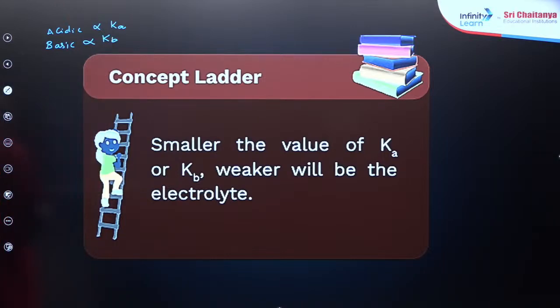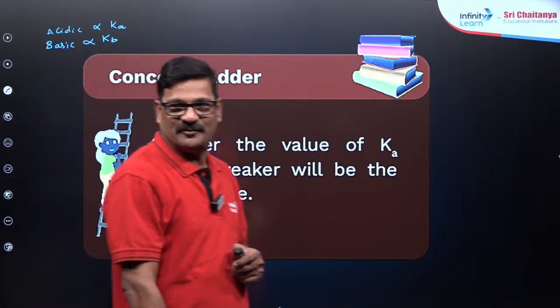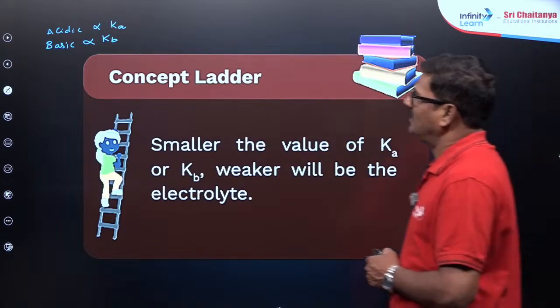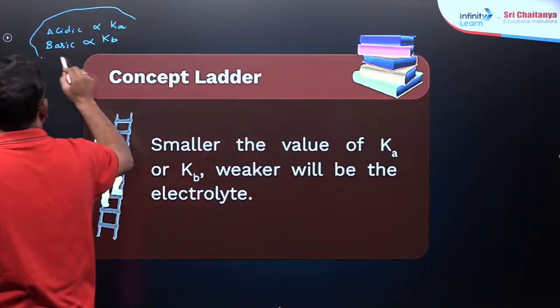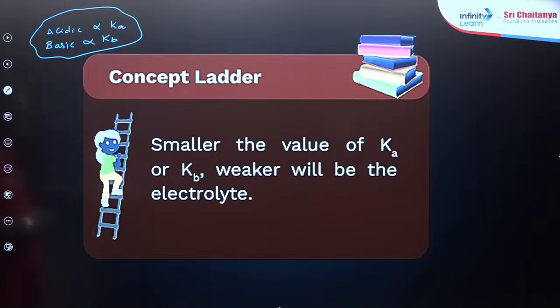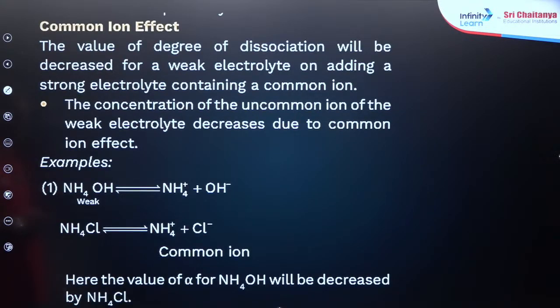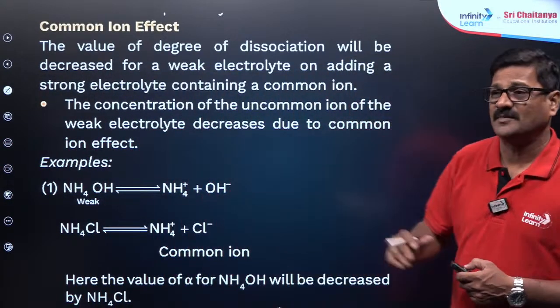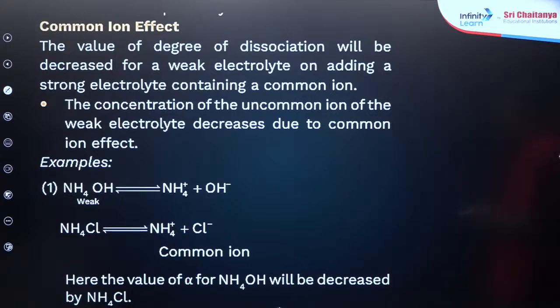Similarly, the basic strength is directly proportional to the Kb value. Understand? It is for concept clarity, and it is very, very important. You can do well based on this. And I want to say common ion effect: the degree of dissociation will decrease for a weak electrolyte on addition of a strong electrolyte containing the same common ion.